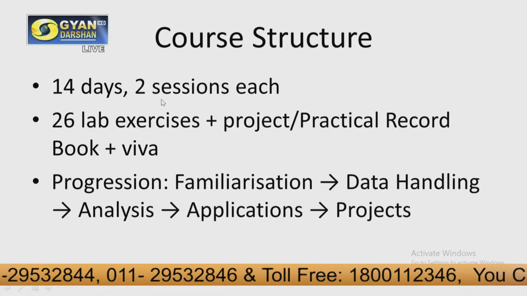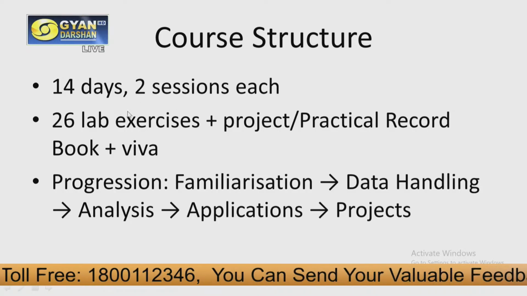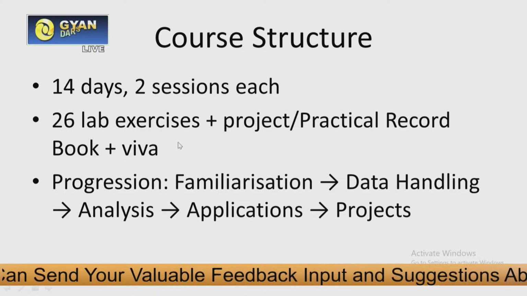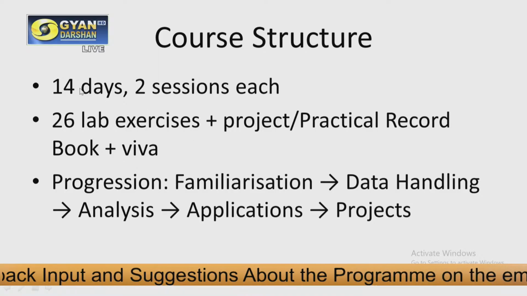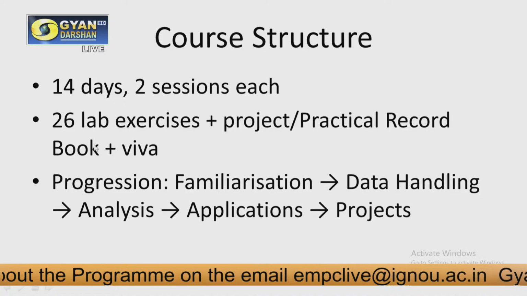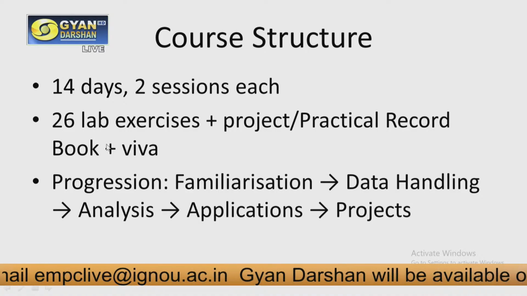Now this course is, as I told you, a 4-credit course, but the lab exercises are of 14 days, and they are split into 2 sessions, and each session is of 3 hours. So a total of 84 hours of sessions you will be doing, and after that we give some time to the learners to go through the study material, the practical booklet we are providing, and then perform lab exercises also, and maintain your practical record book.